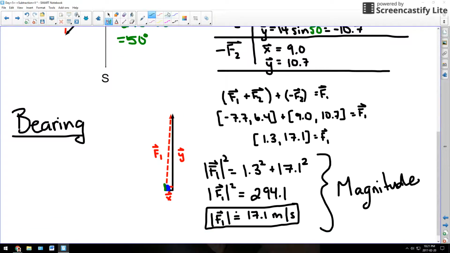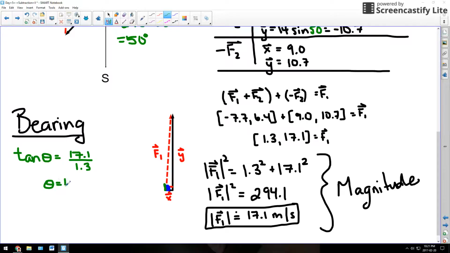So we're going to go with tan, because tan uses opposite and adjacent. Those are the components that I have. Tan of theta, theta we don't know, that's what we're finding out, is opposite, that's y, 17.1, over adjacent, that's 1.3.